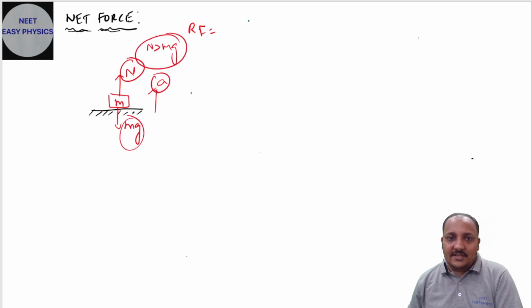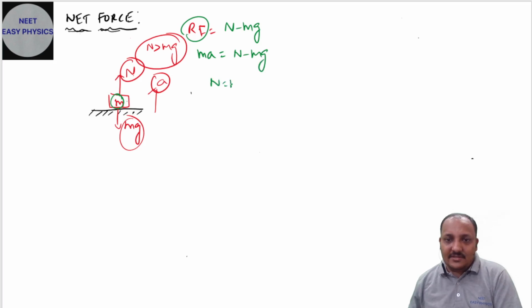So the resultant force is N minus mg. The mass is constant, so according to Newton's second law, the resultant force is ma. So ma equals N minus mg, then N equals mg plus ma. This is the reaction force when the object moves upwards.